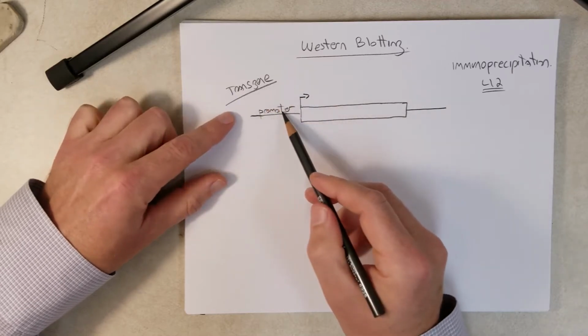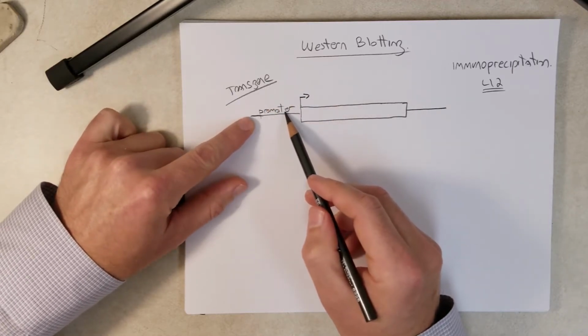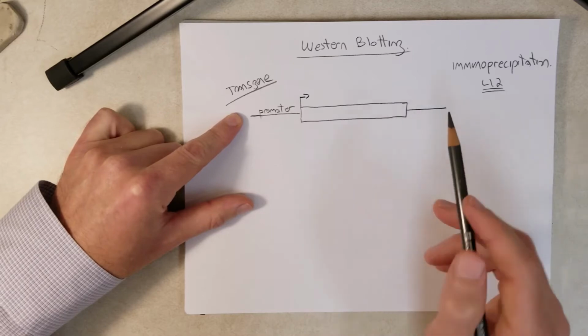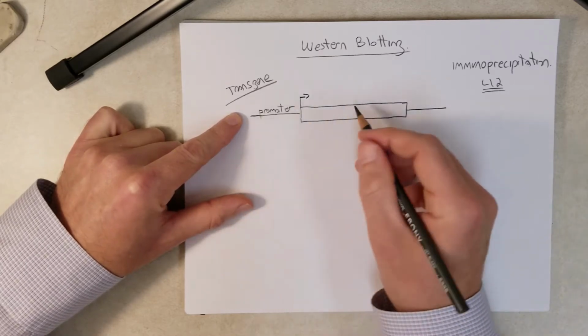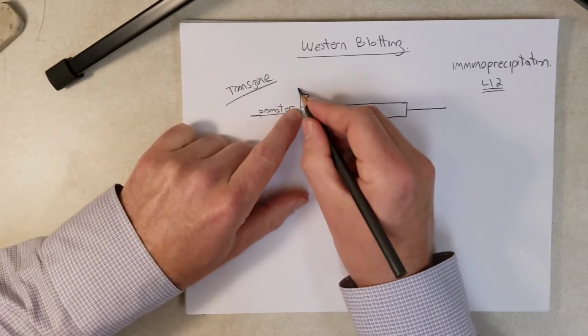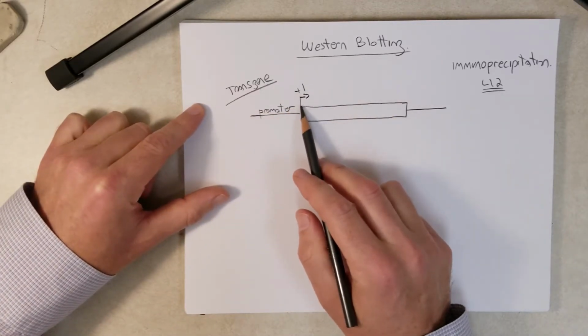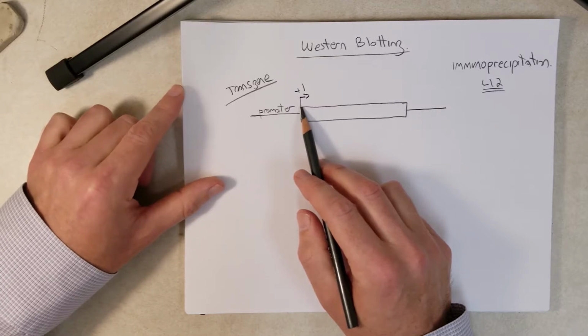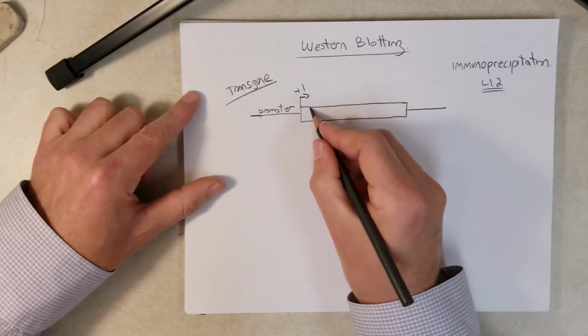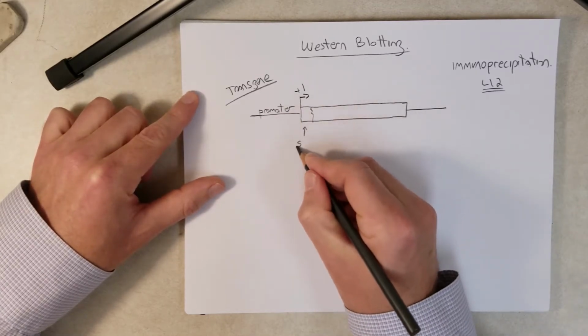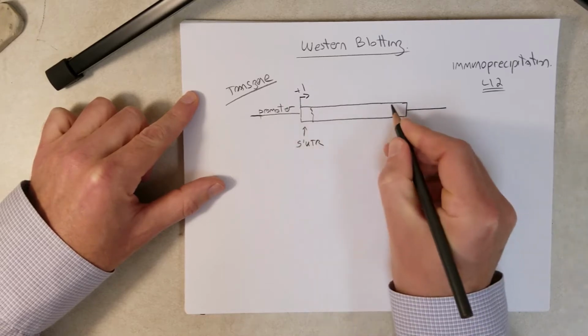So the RNA polymerase II will bind to the promoter of the transgene and transcribe the messenger RNA, and this will be the +1 site. The +1 site is the very first base that is transcribed by RNA polymerase. This is the 5' untranslated region.